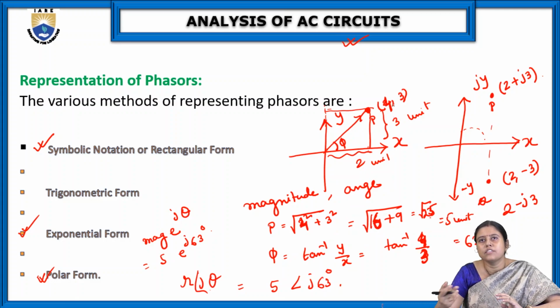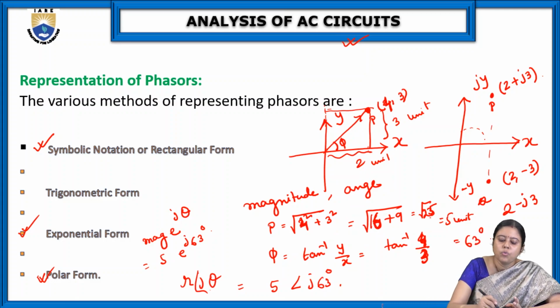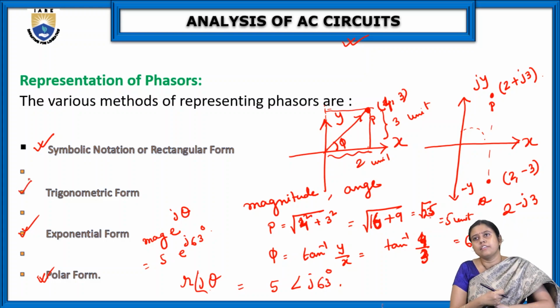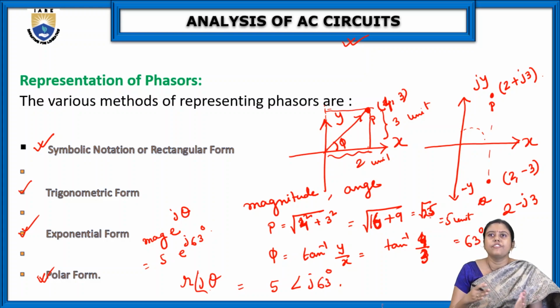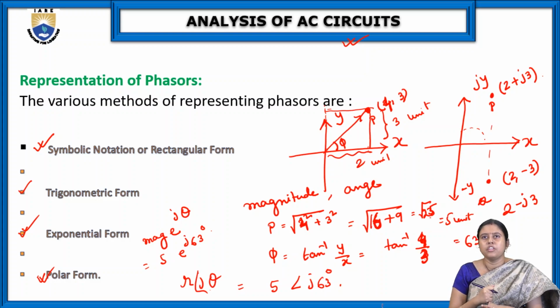So using the cos and sine functions, we get the trigonometric form. Any AC circuit can be explained in different forms. First is the one we generally use in most problems, the symbolic notation or rectangular form. Next is the polar form. Third is the exponential form, and fourth is the trigonometric form.